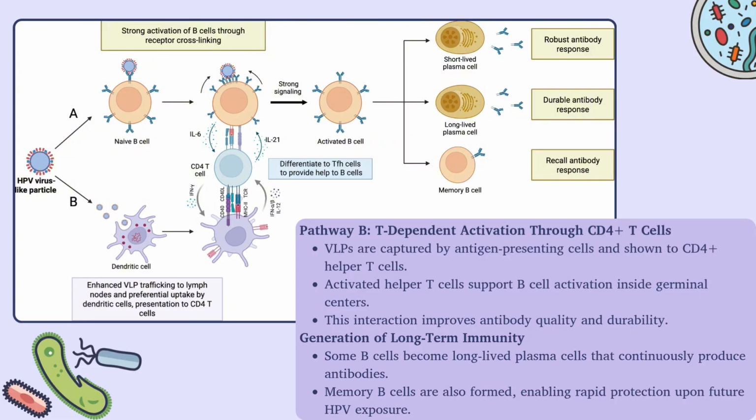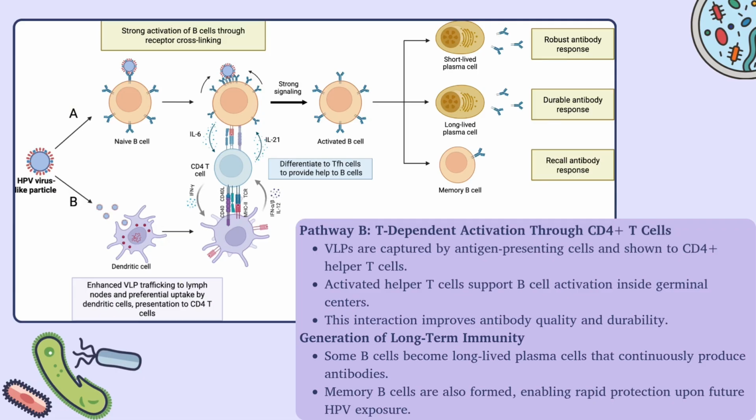CD4 positive T cells are helper T cells. Instead of killing infected cells directly, they coordinate immune responses. Once activated, some CD4 helper T cells become T follicular helper cells, or TFH cells. These cells interact with B cells inside structures called germinal centers in the lymph nodes.